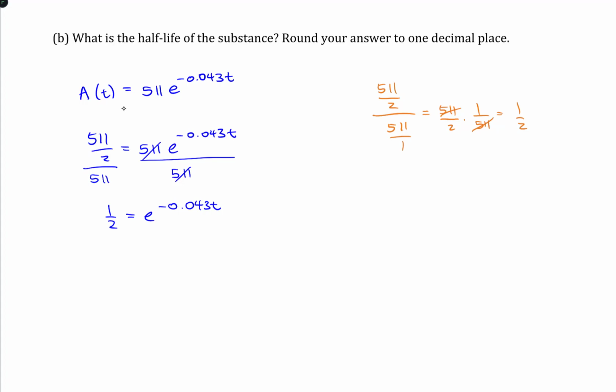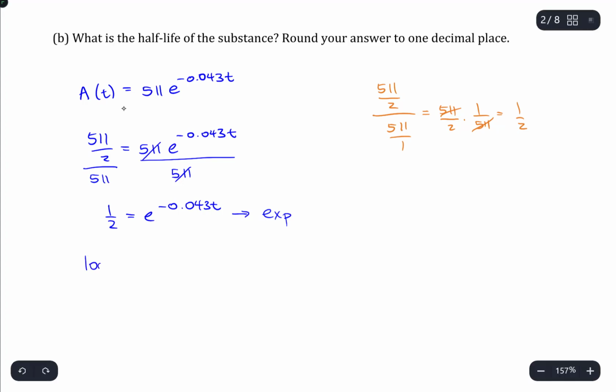Now, to solve this, we have a variable in the exponent of this equation. We need to get the variable out of the exponent. The only way to do that is to change from exponential form into log form. And log form would look like a log base e, because that's the base of my exponential, of 1/2, and that's equal to the exponent itself.